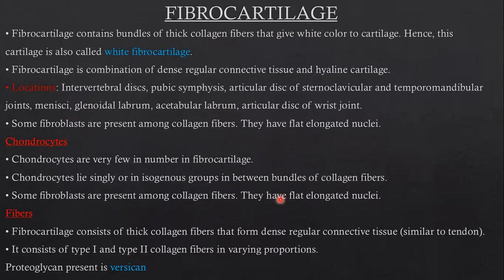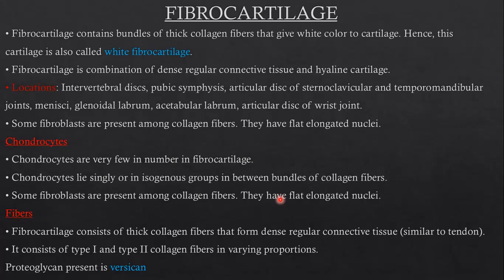Where is it located? Intervertebral discs, pubic symphysis, articular disc of the sternoclavicular and temporomandibular joints, the knee menisci, the glenoid and acetabular labrum. We also have the articular disc of the wrist joint.